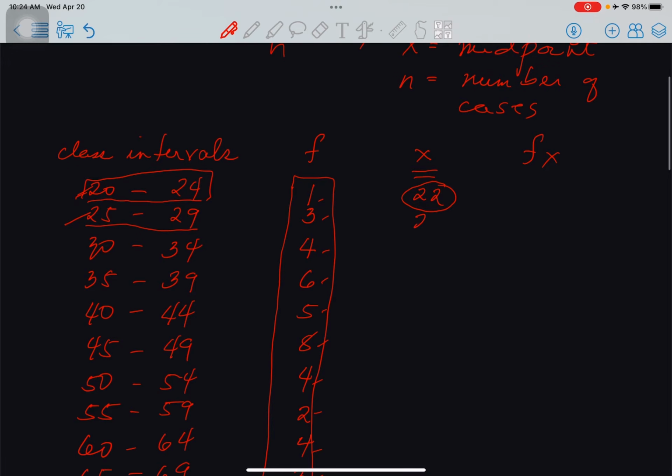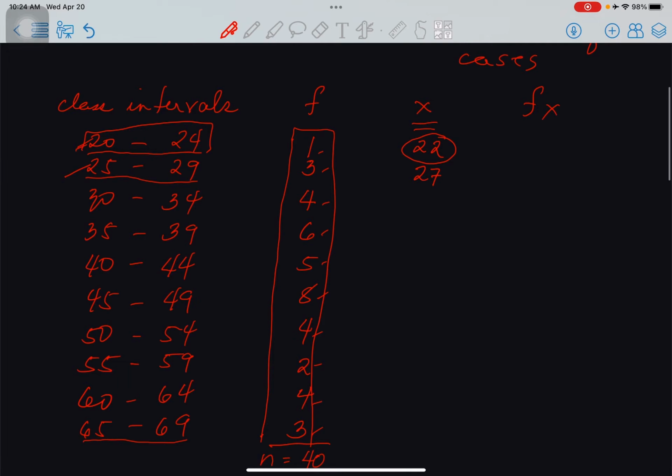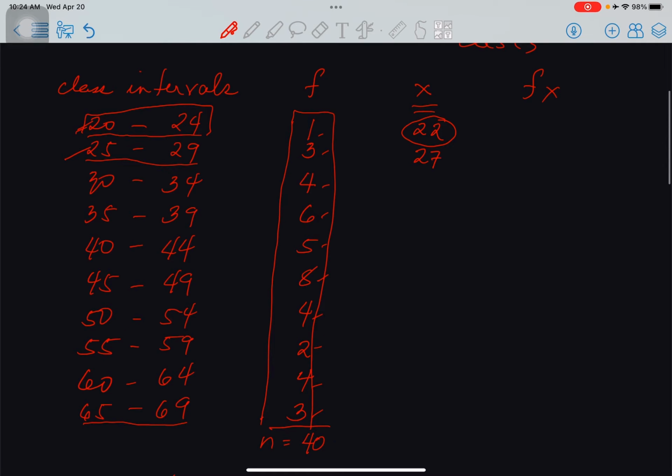So that's the midpoint. We are going to get all the midpoints of every class interval in our frequency distribution table. So next we have 32, we have 37, we have 42, followed by 47, then we have 52, we have 57, we have 62, and we have 67.